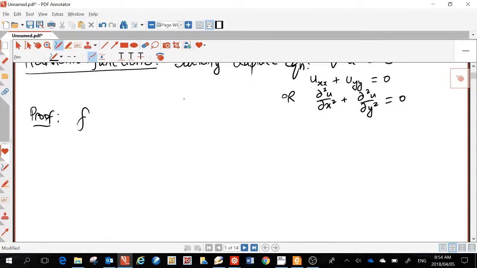You see, from the CRE, you will recall that we have ux equals vy and uy equals minus vx. That's the Cauchy-Riemann equations.